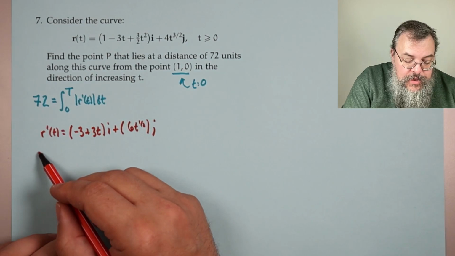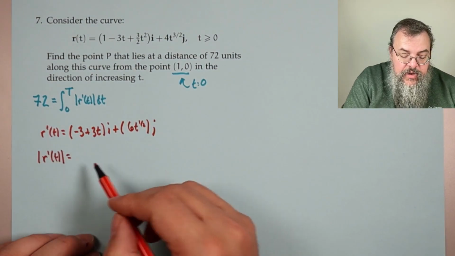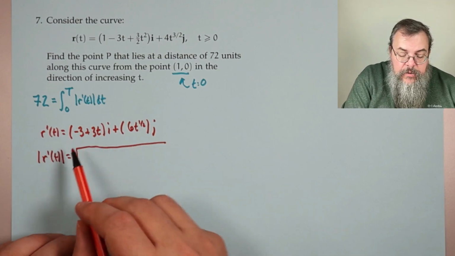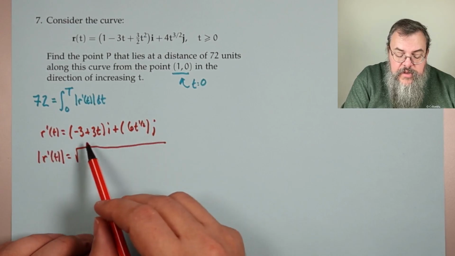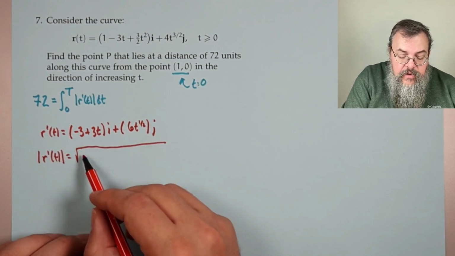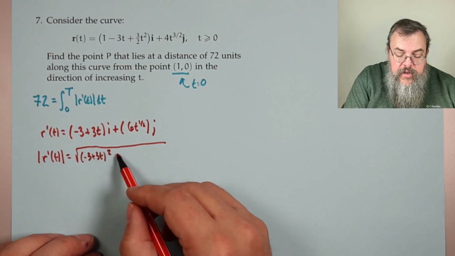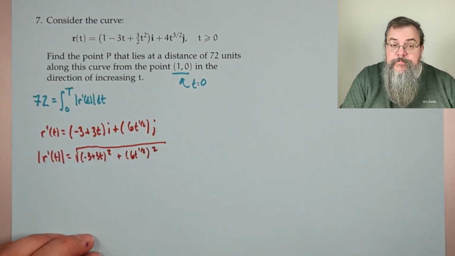Now, the real important thing, the magnitude of r prime. All right, so that's the square root of. And now, when you have it in this format, whatever's in front of your terms gets squared and added. So minus 3 plus 3t squared, 6t to the 1/2 squared.